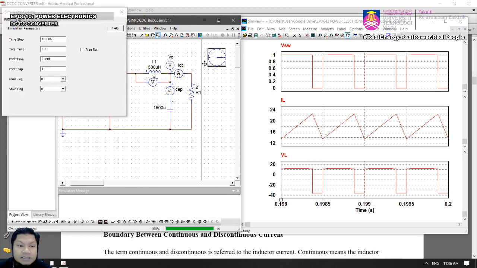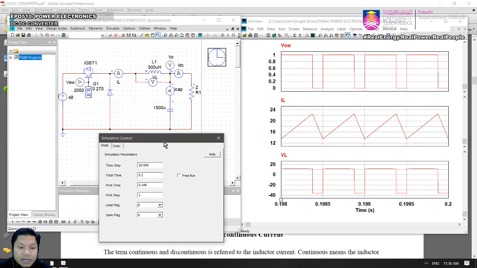In this case, my time step equals 1 microsecond. The rule of thumb is it should be 1% of the Ts.